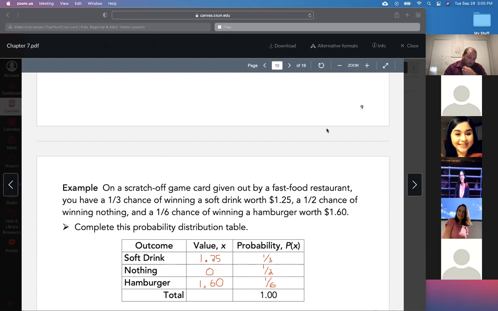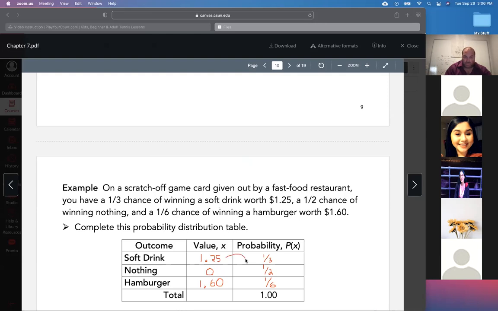Oh, okay. Give me one minute. I think I did it wrong. I got close to that, but not quite. Wait, so what numbers are we multiplying? The 1/3, 1/2, and 1/6?